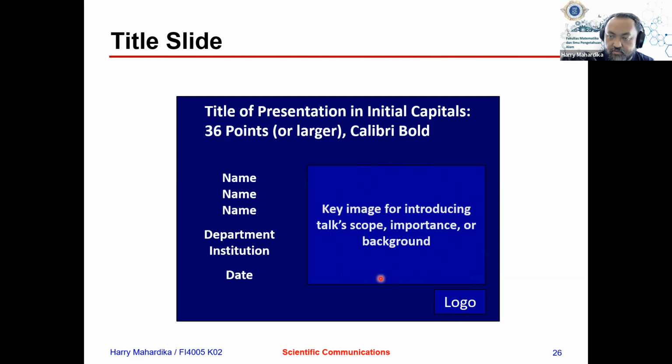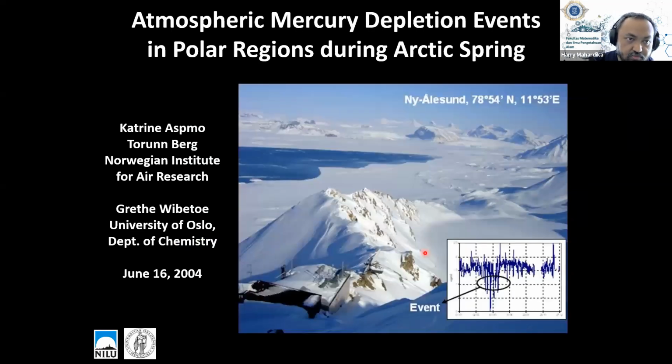However, if you want to make them a little bit fancy or a little bit different from the common conservative styles, you can also choose this type as well, like this one.